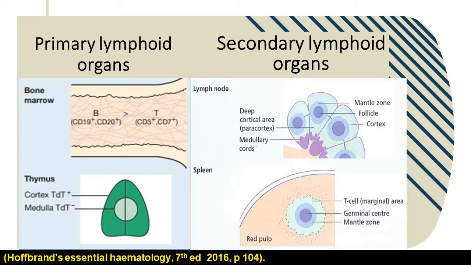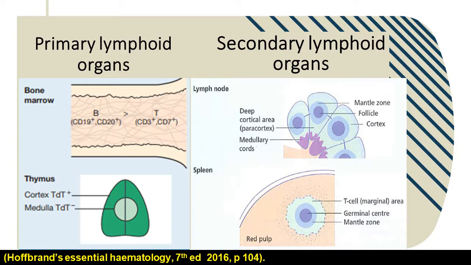On the right side of the figure, you can notice the secondary lymphoid organs, which include the lymph nodes and the spleen. The structure of the lymph nodes can be divided into the cortex, paracortex, and medulla, and we will discuss it in more details in the coming slides.